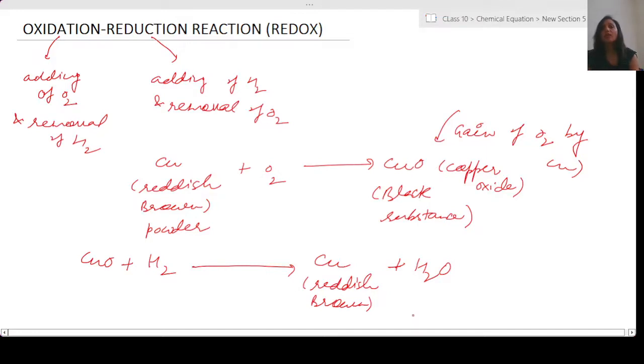Now if you try to observe the change from the reactant to the product side, you are seeing that copper oxide, which was having the CuO formula, is changing to copper. That is, there is a removal of oxygen.